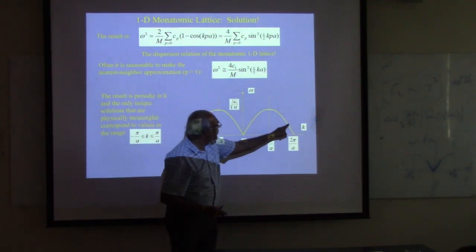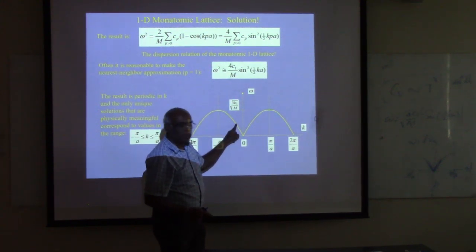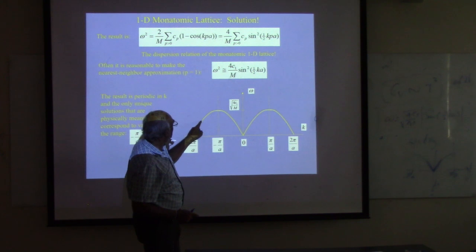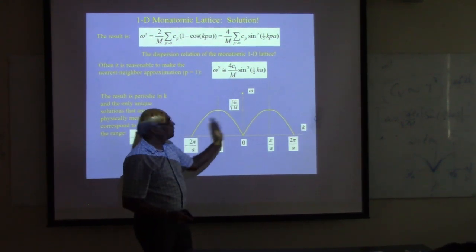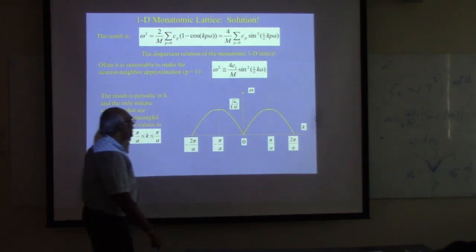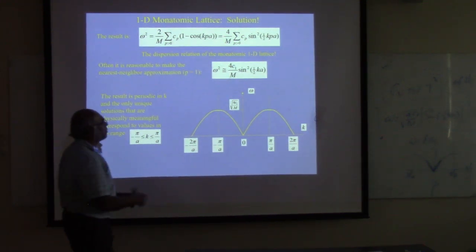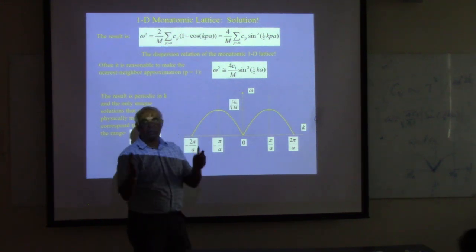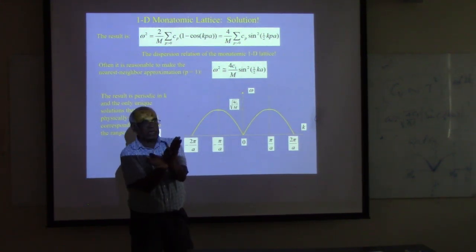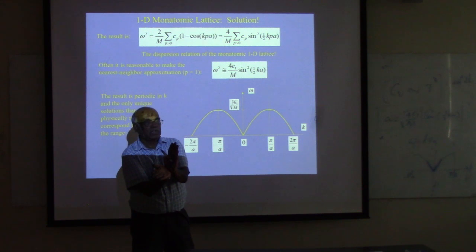So if you do that, this point is the same as this point. This point is the same as this point. So you can always bring back. Please remember, Brillouin zone means what? The Wigner-Seitz cell of the reciprocal space, right?